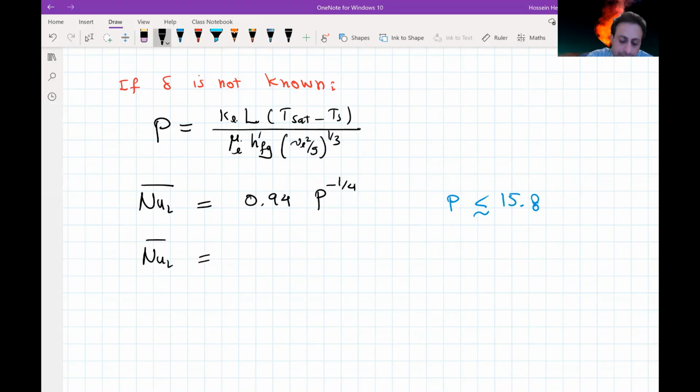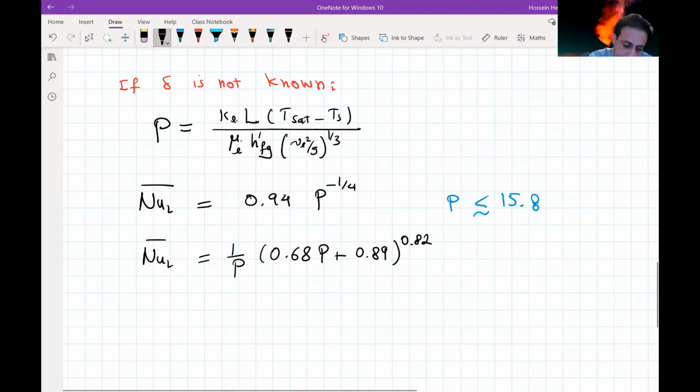And the other one is going to be 1 over P, 0.68 P plus 0.89, to the power of 0.82. This is for P between 15.8 and 2530.